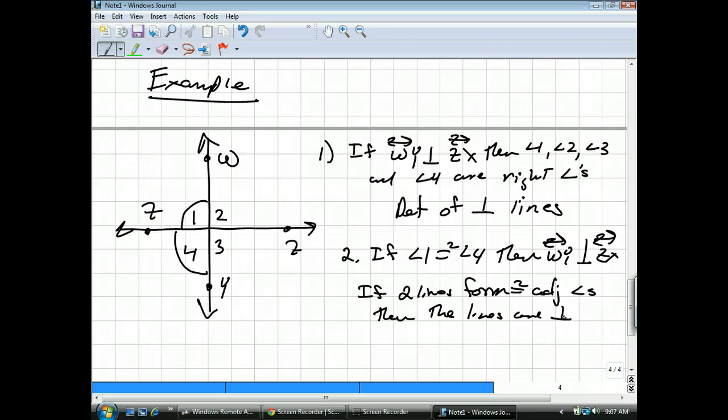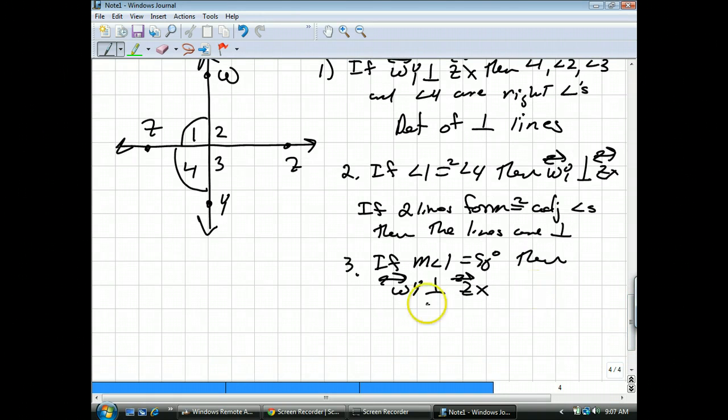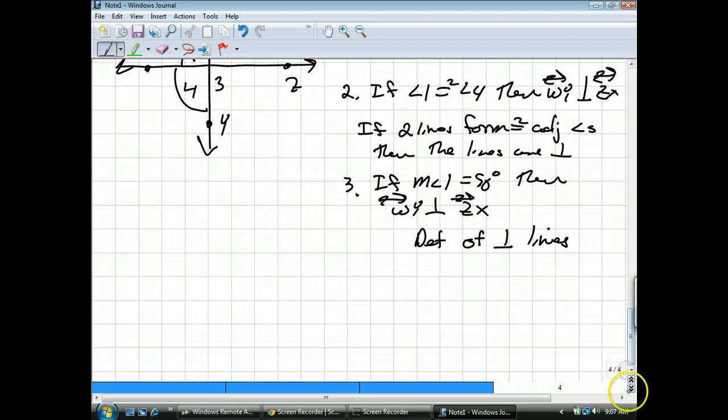And number 3: if the measure of angle 1 equals 90 degrees, then line WY must be perpendicular to line ZX. What allows me to say that? Well, again, that's the definition of perpendicular lines. All right, let's look at a second example.